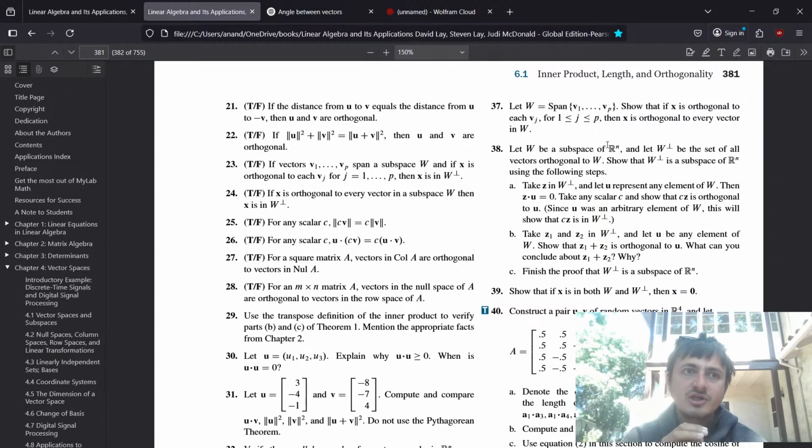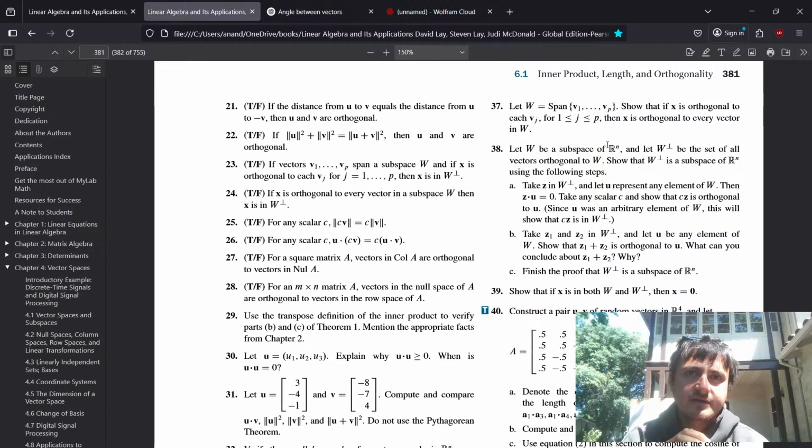Therefore, you could take an arbitrary linear combination of the basis of W, and that element is going to be orthogonal to x. So we just showed closure under scalar multiplication.